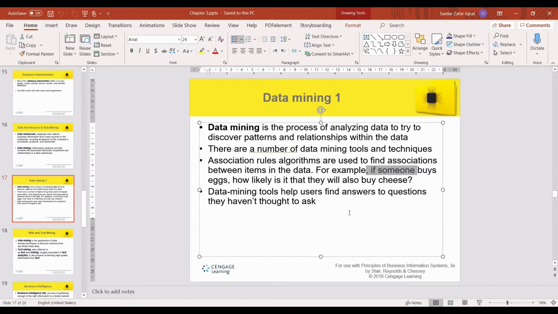Or maybe if you are going to buy eggs, there is also a chance that you are going to buy bread. Am I right? Yes. So this is called association rules algorithms. These are the techniques used in data mining.